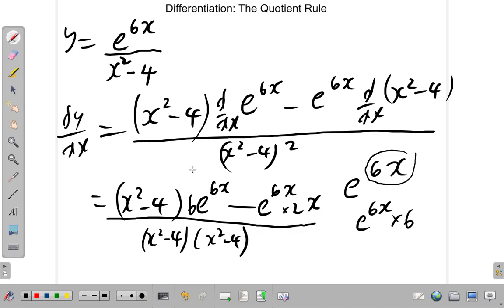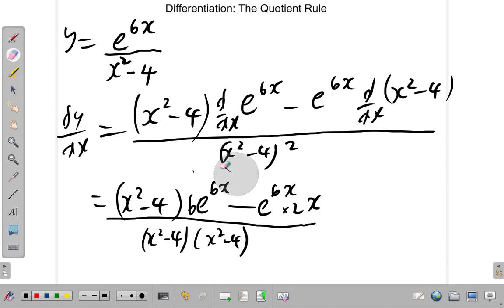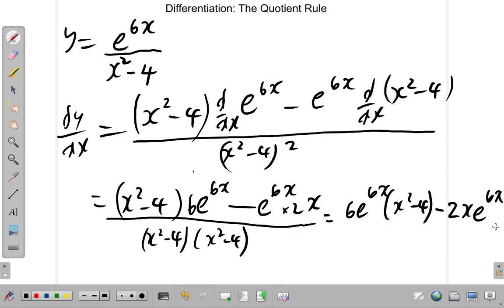Alright, let me erase what we were doing earlier here. So what you have now is x squared minus 4 times 6e to the 6x. Let's put this in front. 6e to the 6x times x squared minus 4, minus 2x e to the 6x, and this is all over, and you can multiply this out if you want.